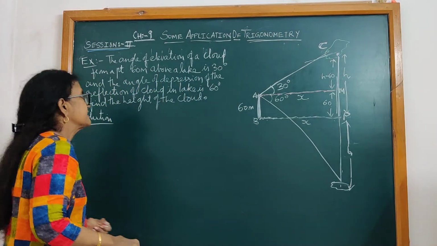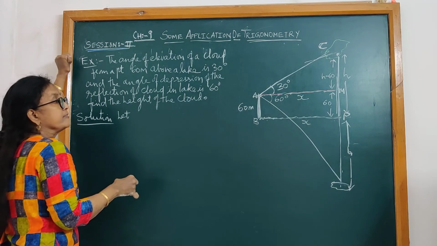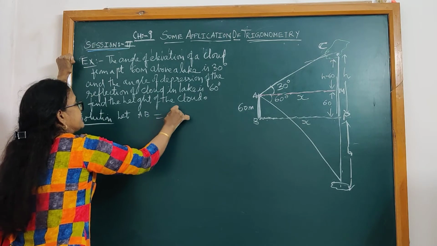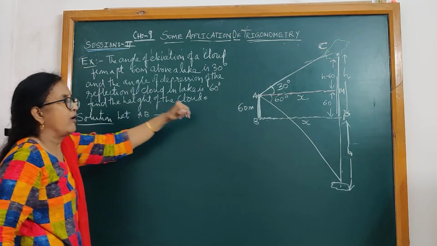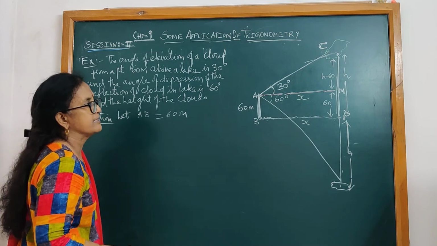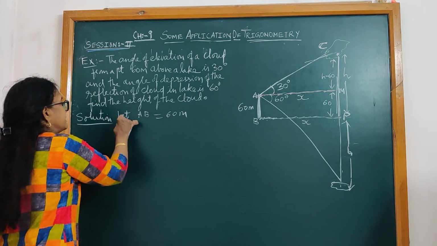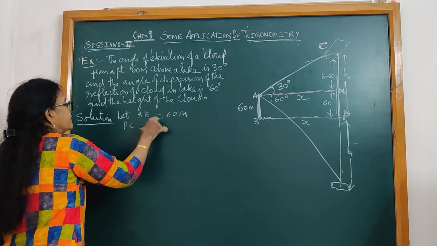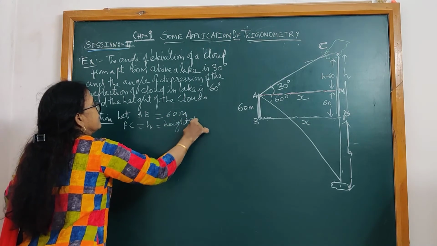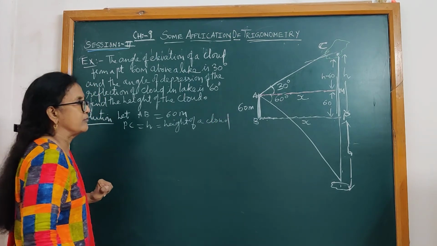So first we will write it. Let AB be equal to 60 meter, that is the height above the lake. Height above the lake is 60 meter, and PC is equal to h, that is the height of the cloud.